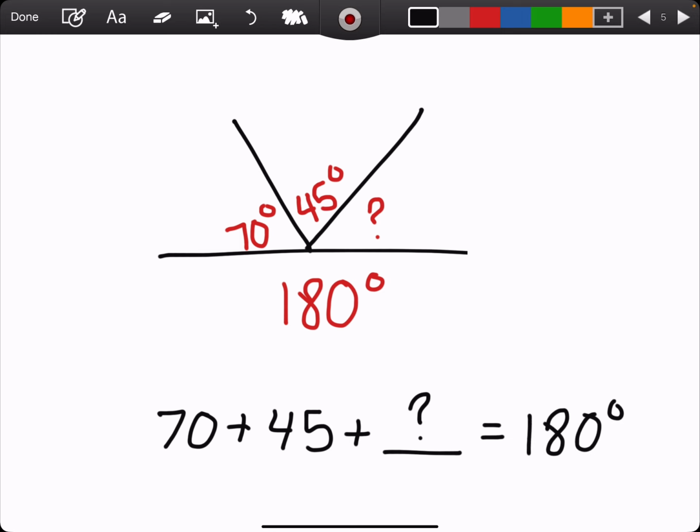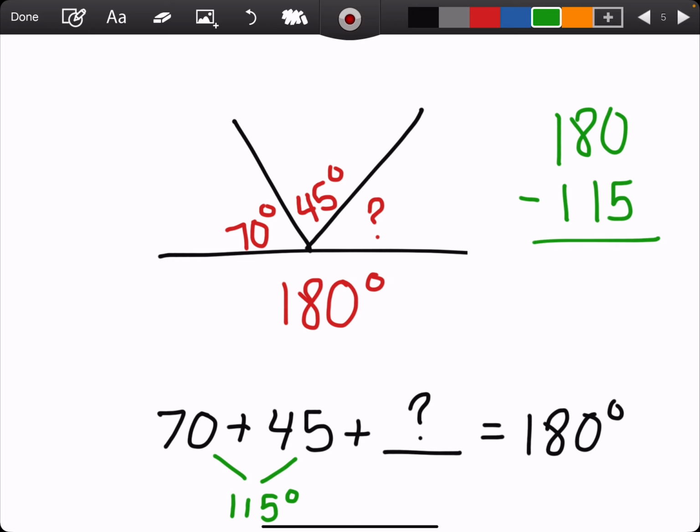So I could subtract 180 minus 70 minus 45, or I'm going to add those two together, which would give me 115. I'm doing it in my head. And now I could subtract 115 from 180. And that gives me 65 degrees. And that's 65 degrees. That is our supplementary angle.